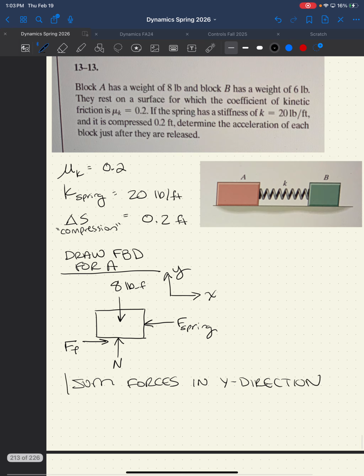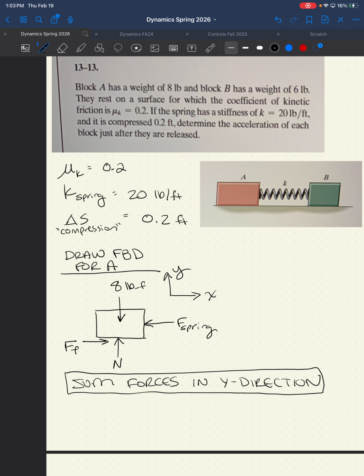Okay. I'm going to sum forces in the X direction. Sum of forces in the X direction equals m a_x.